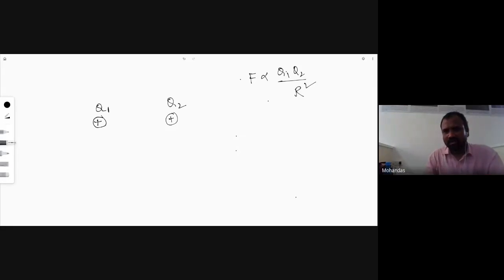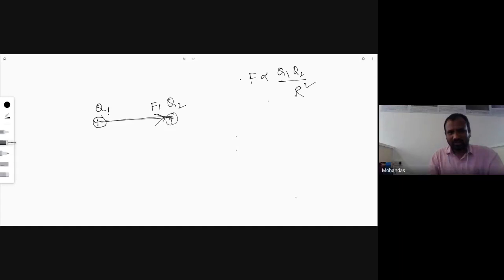Is it the force of attraction or force of repulsion? Force of repulsion. So there is a force, and this charge Q1 tries to act on Q2 due to this force F1.